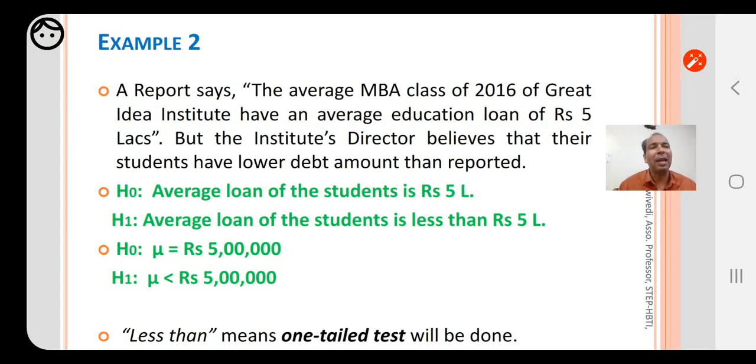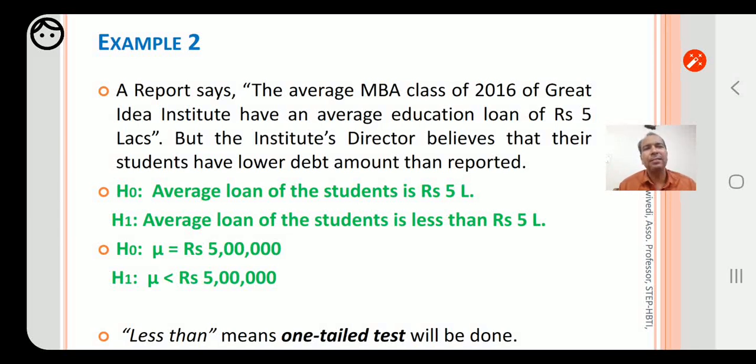So how will the null hypothesis and alternative hypothesis be formed? The null hypothesis, like a theoretical hypothesis, will be that the average loan of the students is rupees 5 lakh, what the report says, which, in favor of the director's belief, we would try to reject through a test.